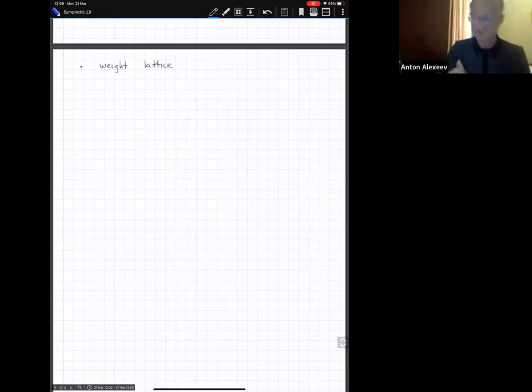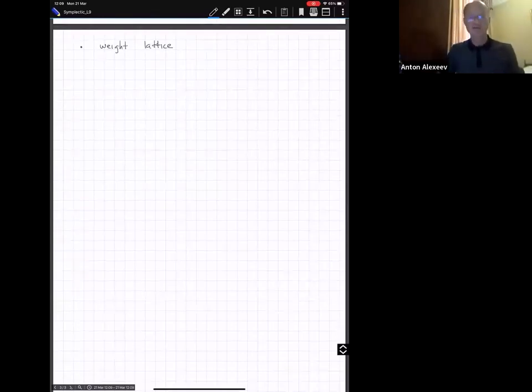We're not going to use it too much today, but later on in the next classes, we're going to need it all the time. That's why maybe it's good to introduce the notation now. So that's the weight lattice. It's sitting now inside T star, the dual of the Lie algebra.